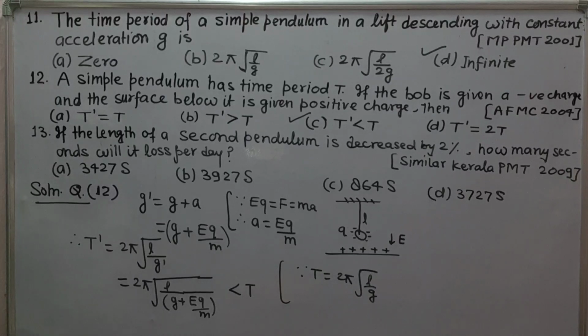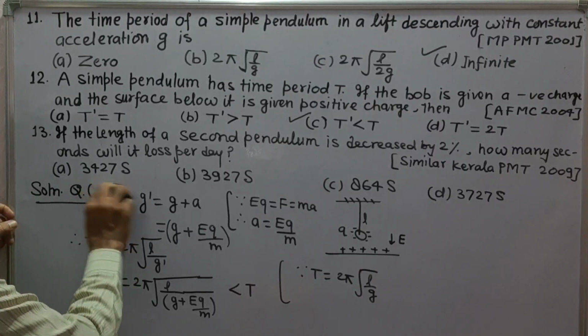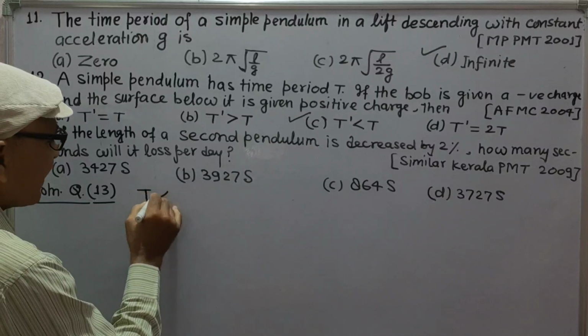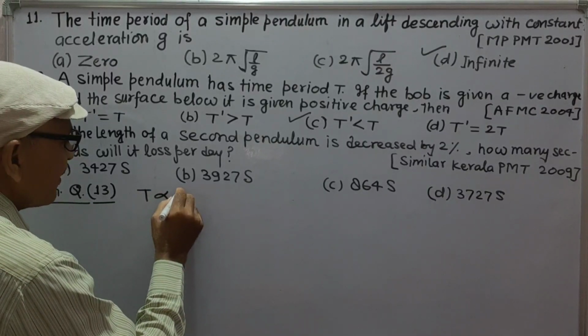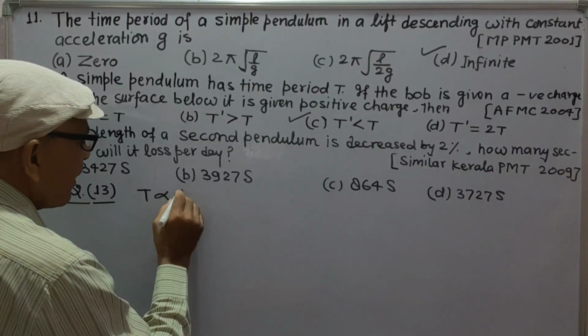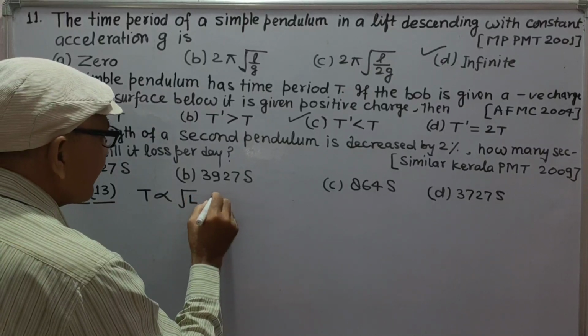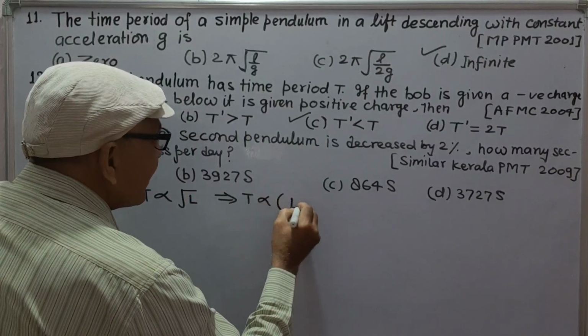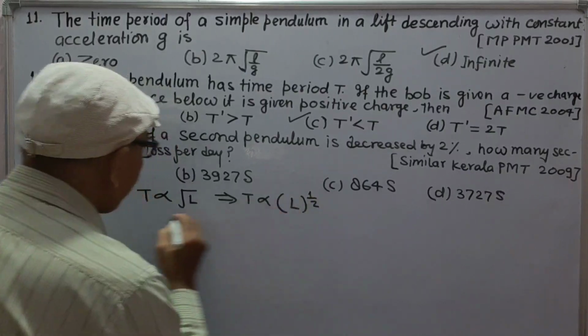Next, question number 13. The question is: if the length of a second pendulum is decreased by 2%, how many seconds will it last per day? Solution to question 13. For simple pendulum, T is directly proportional to under root L, that is T is directly proportional to L power 1 by 2.